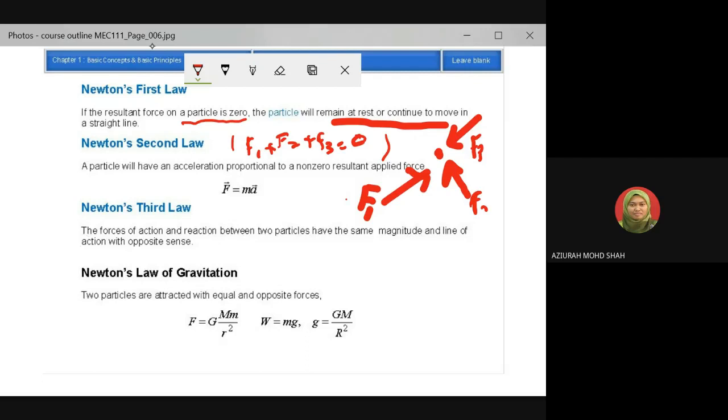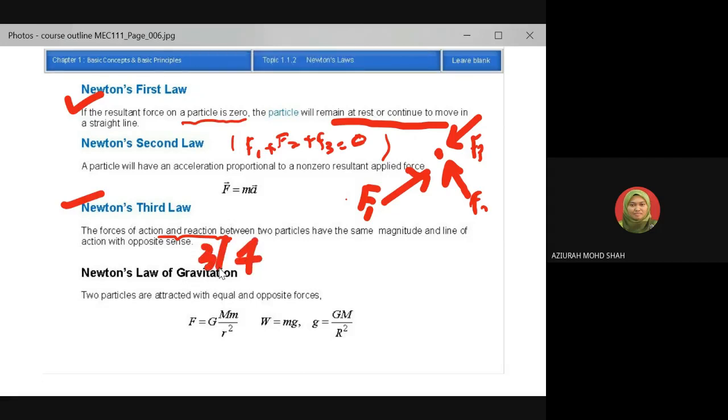Newton second law, yang ini when we have a particle that has an acceleration, it is proportional to the non-zero resultant applied force, so F equal to ma. Okay. And then Newton third law, action and reaction. Ni selalu orang ingat action and reaction. Okay, gambar dia. Yang ni nanti dalam statik ini kamu akan menggunakan. Banyak yang ni lah dalam chapter 3 dan 7.